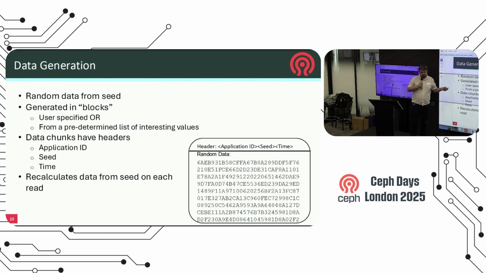And the final thing that's quite interesting is that when we do a write of data using this test tool, we save that seed into a model we keep in memory. When we read that data back, we can look at the seed we used to generate it, regenerate that data like for like, and compare what we've read from the system with what we would have tried to read, and ensure that they are identical, making sure you're reading what you wrote, essentially.